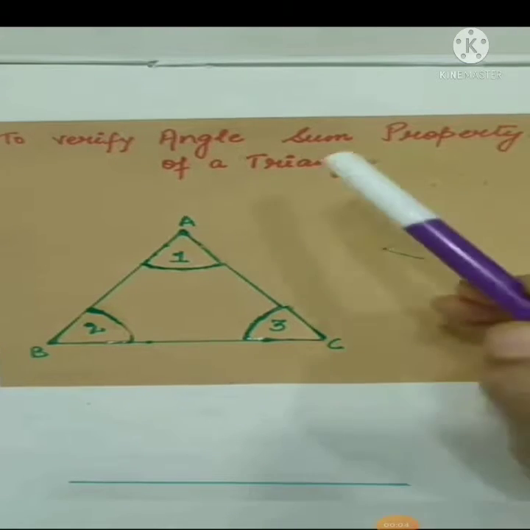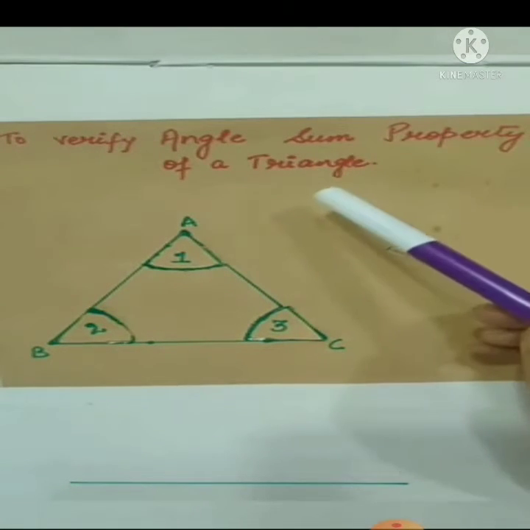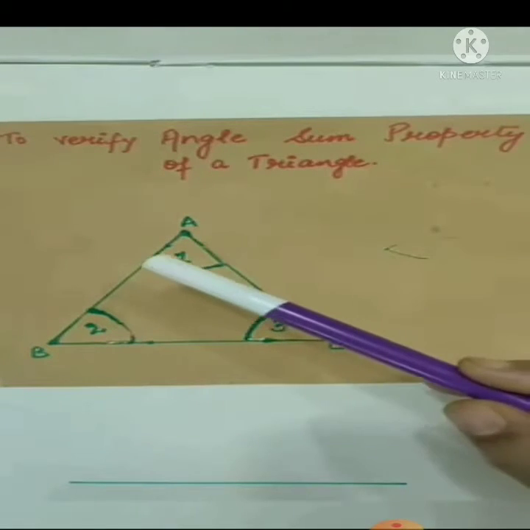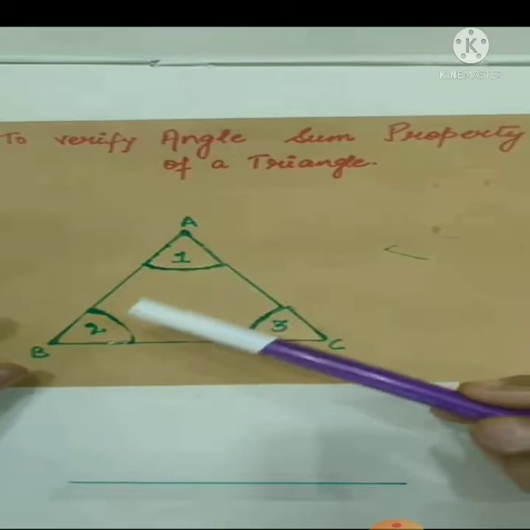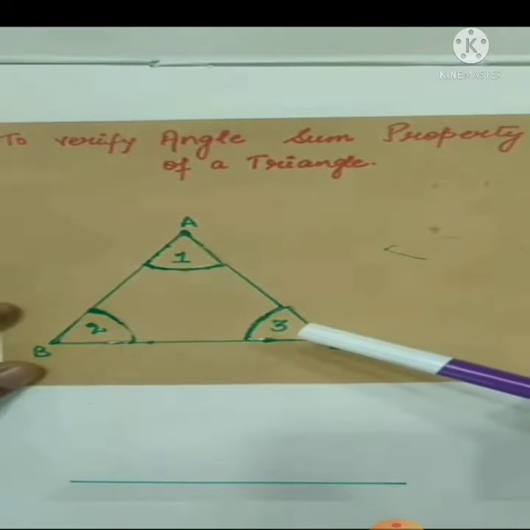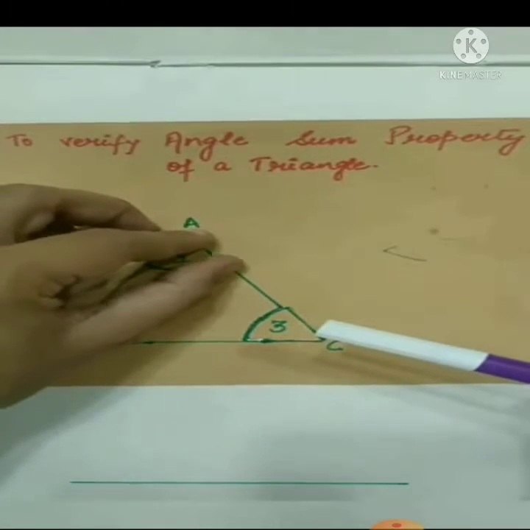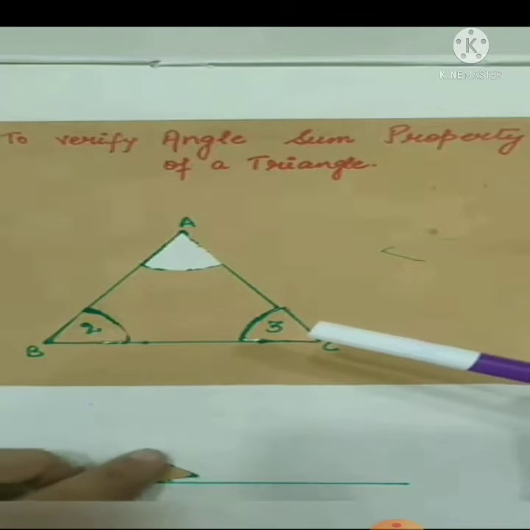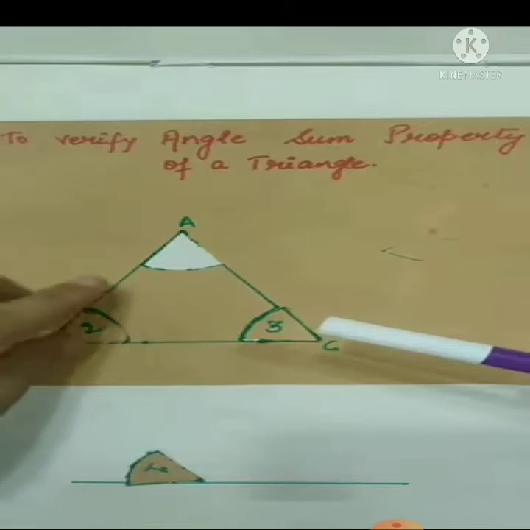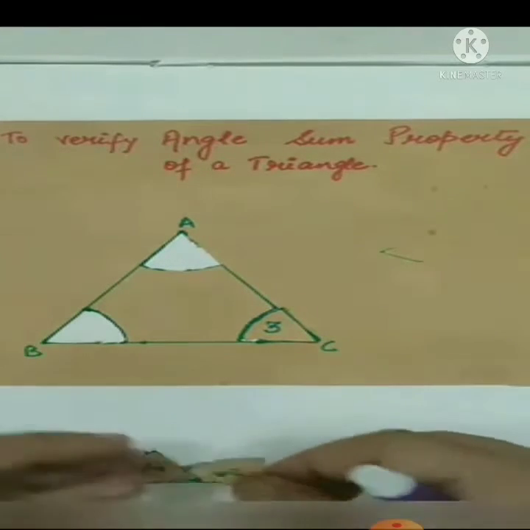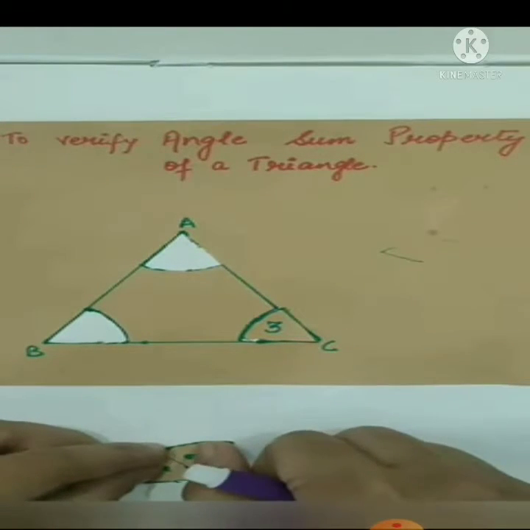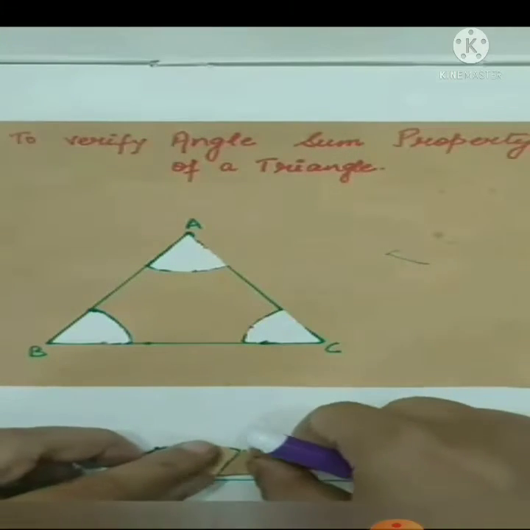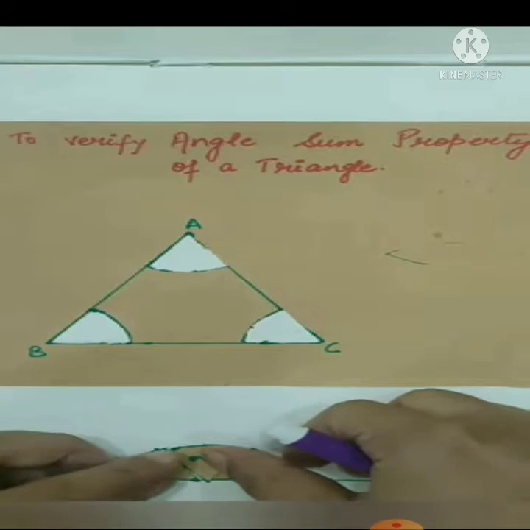So now we will verify the angle sum property of a triangle. See, in triangle ABC, if we take the cutouts of angle 1, angle 2 and angle 3, we will try to arrange them on a straight line. You can see as I am arranging it on a straight line.